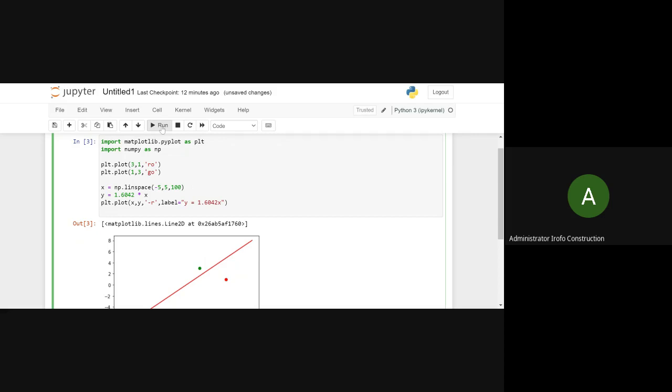Have you seen it? It's bringing up a new input. No, let the cursor be in the cell, like in this cell, and then you run it.